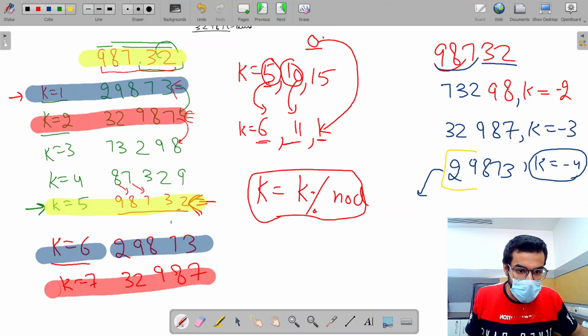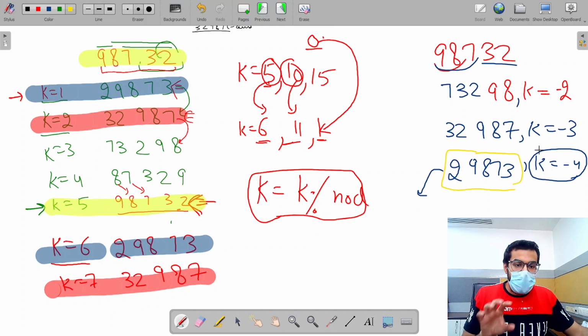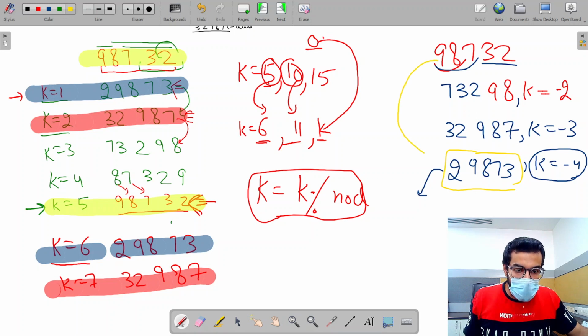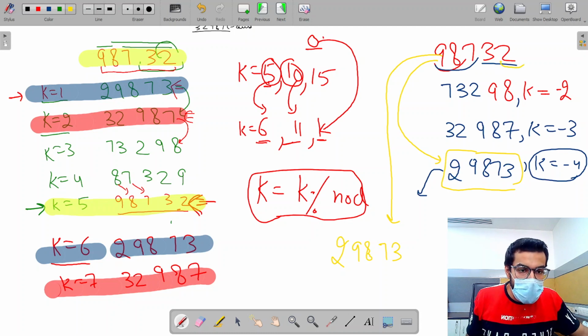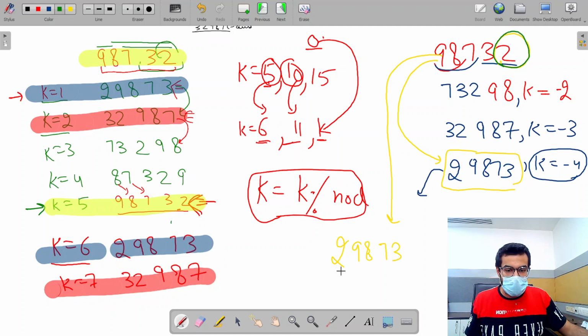If I talk about this particular case, can I also say that from this number, I can also get this number when this 2 is written in the starting and the rest of the digits are written in the end? So when 2 is broken from the end and written in the starting, this is nothing but the k equal to 1st rotation.